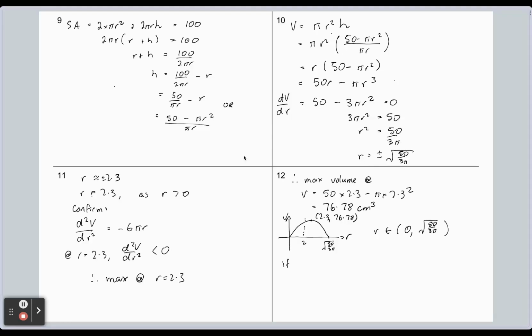So I can then say if maximum radius is at r equals 2, so it's a restricted domain now, or even more restricted, I suppose, then we have V equals 50 times 2 minus pi times 2 cubed, and that is equal to 74.87, I think, cubic centimeters.